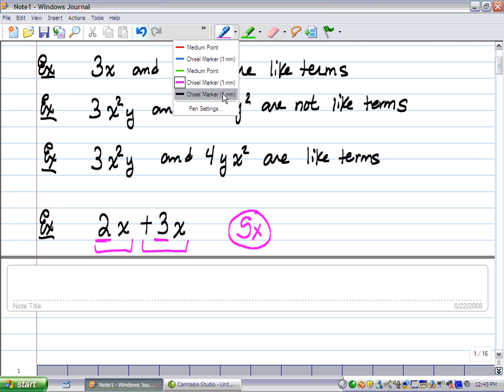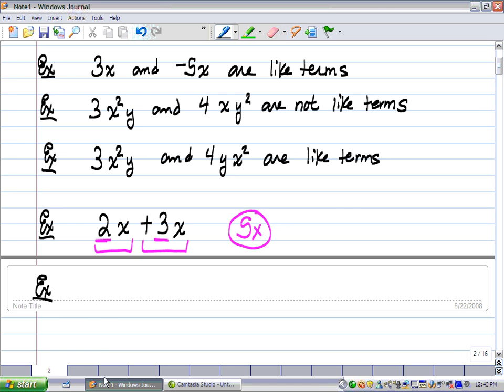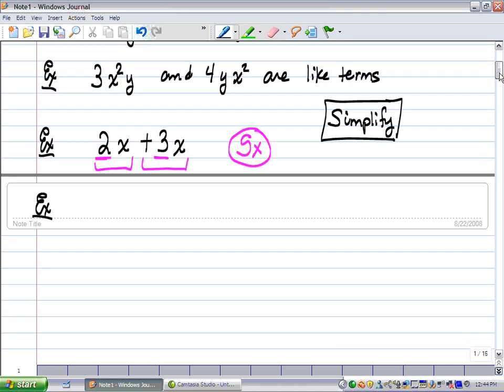So my answer to combining the like terms or simplifying is 5x. So the instructions would be simplify. So those would be the instructions for all of these. Simplify.